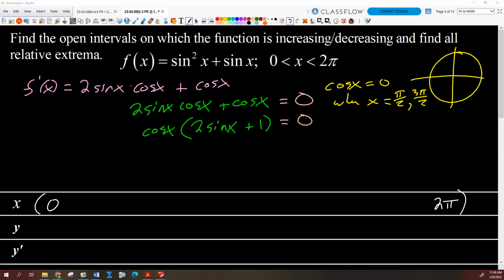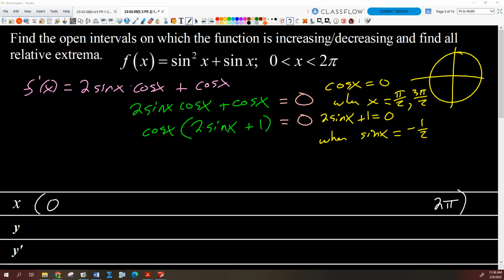Okay, what about this? 2 sine x plus 1 equals 0 when sine x equals negative 1/2. So what happens when you've got a factor like this that's not just a monomial? If I want to find the zeros of this factor, I've got to first of all isolate the trig function.